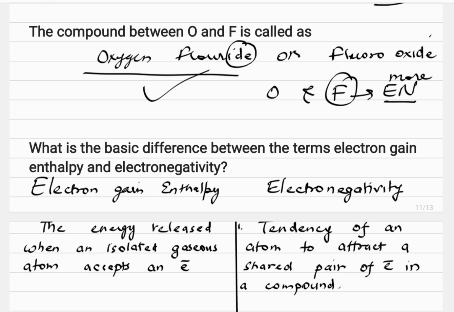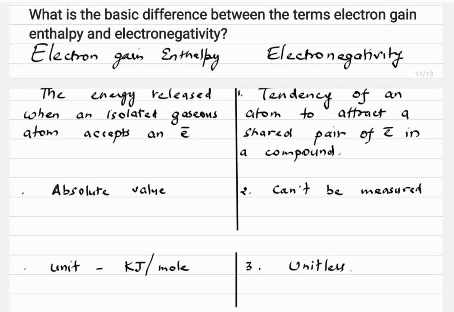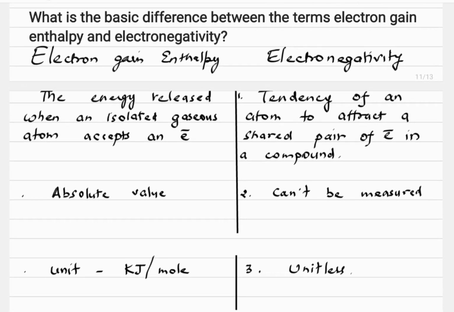Okay. Moving on. What is the basic difference between the terms electron gain enthalpy and electronegativity? So, electron gain enthalpy and electronegativity, these terms can be confusing because both talk about tendency to attract electron. Okay, but there are some differences.